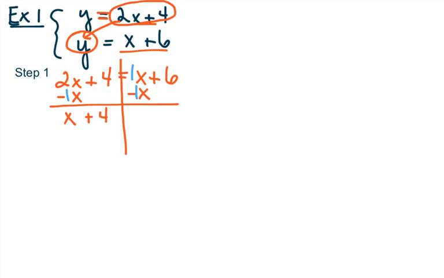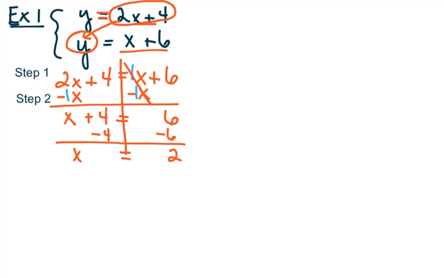That plus 4 drops down. 1x minus 1x cancels, and we get 6 here. Subtract 4 from both sides, and we get x equals 2. So step 1 was to substitute, and then we also already did step 2, which was solving for the variable.